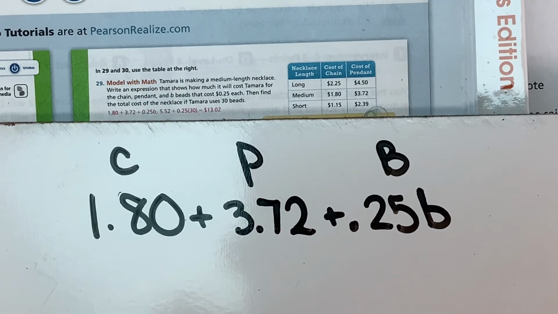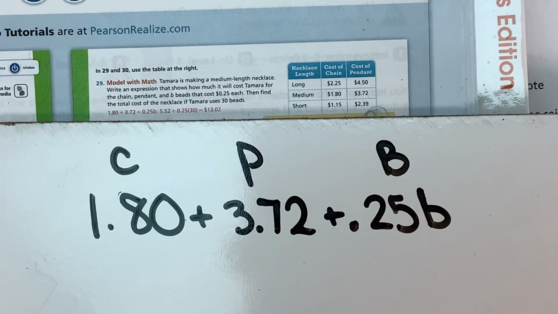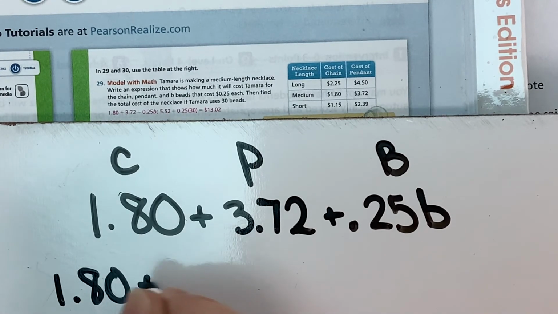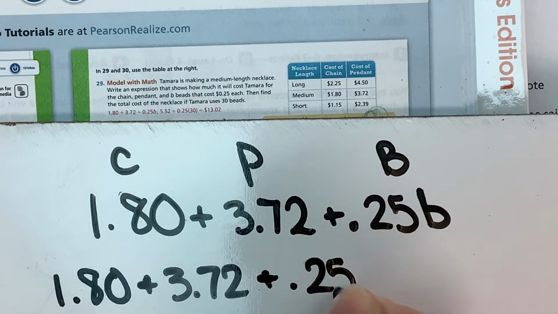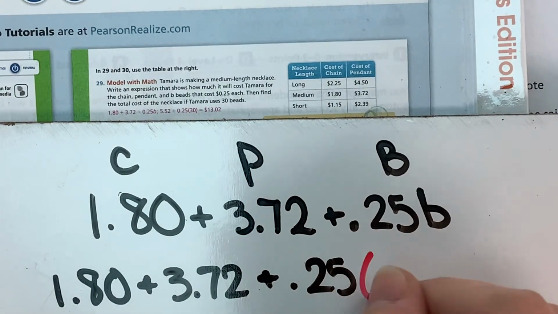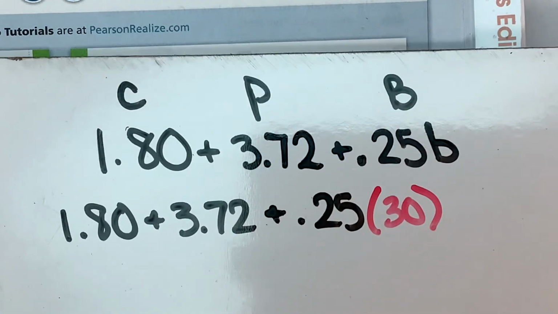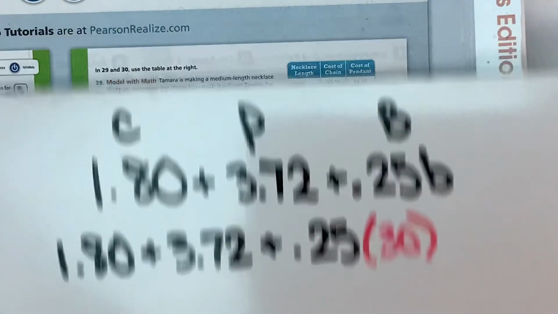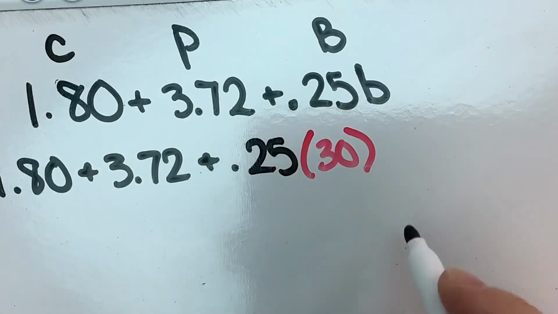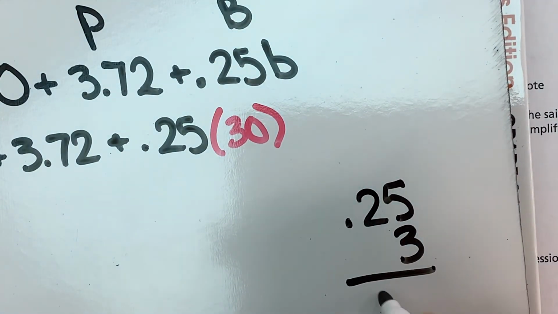And then it goes on to tell you they want you to find the total cost of the necklace if she uses 30 beads. So what that means is we're going to keep the $1.80, keep the $3.72, and we're now having 25 cents times 30 because that's how many beads we wanted to put in. Okay, so when we solve that, we need to work this first. 25 cents, we're going to multiply by 3, which we know is 75.